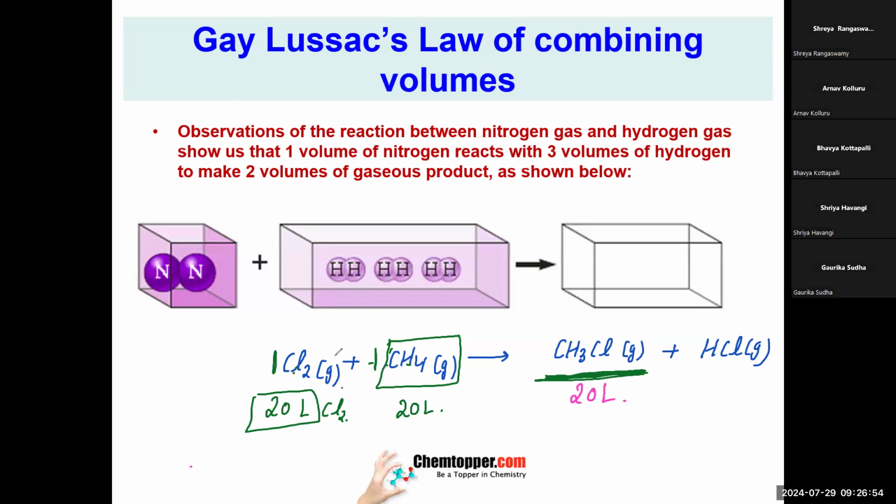Isn't it 1 mole of Cl2, 1 mole of methane, 1 mole of methyl chloride? So their volume should also be 1 volume, 1 volume, 1 volume. The ratio is 1:1:1. So if I'm taking 20 liters, then this is 20 liters, then this is 20 liters.